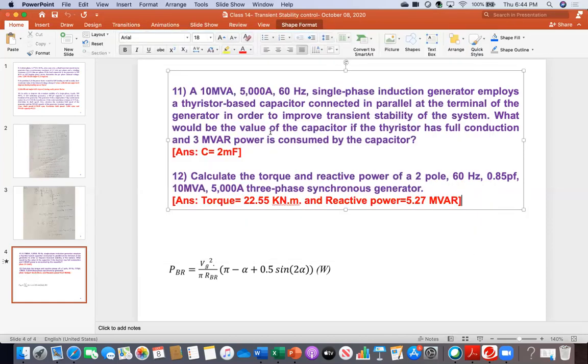Everybody see, for problem number 11 you should be getting a capacitor value of 2 millifarad. For question number 12, the torque value should be 22.55 kilonewton meter and the reactive power value should be 5.27 megavar. So you see what you are getting.